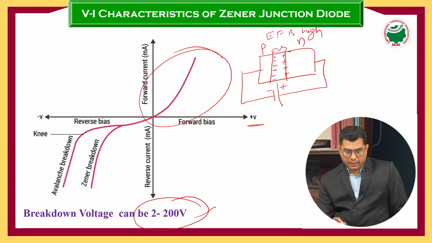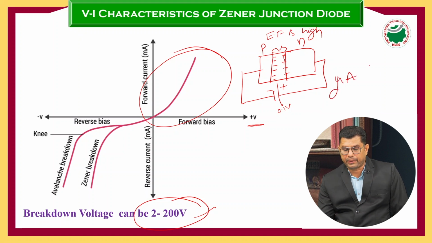Under reverse bias, let us apply a small voltage. When you apply a small voltage, a small current flows through the junction. This small current, usually in the order of microamperes, flows because minority charge carriers are crossing the junction.